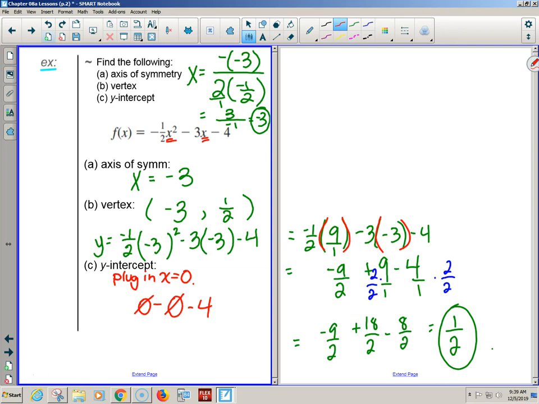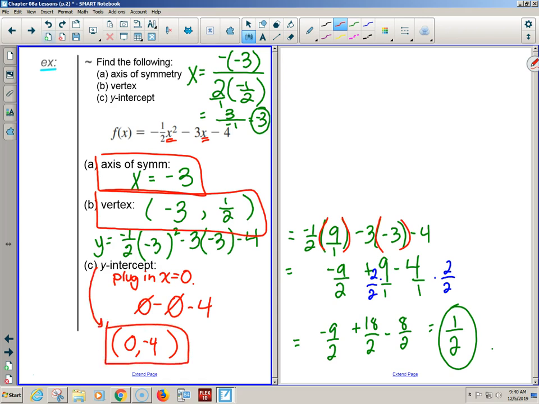For a quadratic, we just take that number and say, I got him. 0, -0, -4. So I have my axis of symmetry, and the vertex, and here it is, the y-intercept.